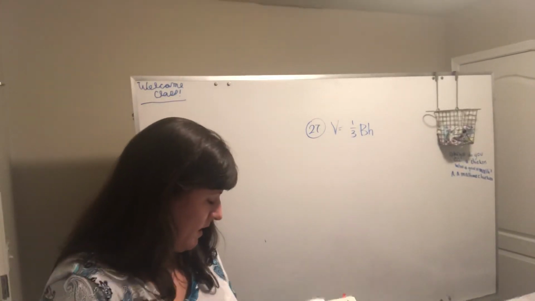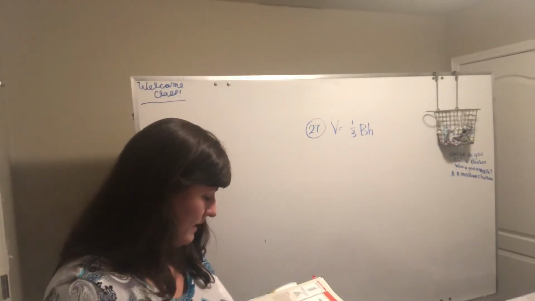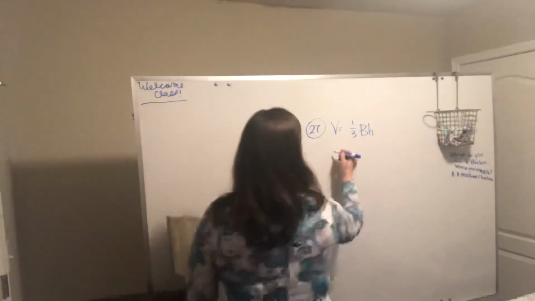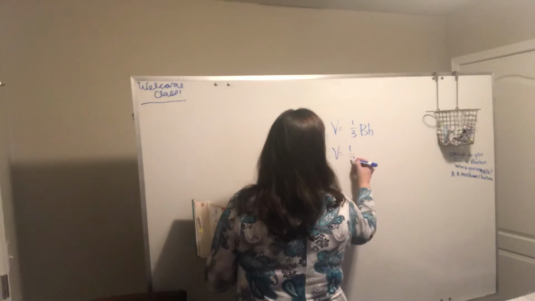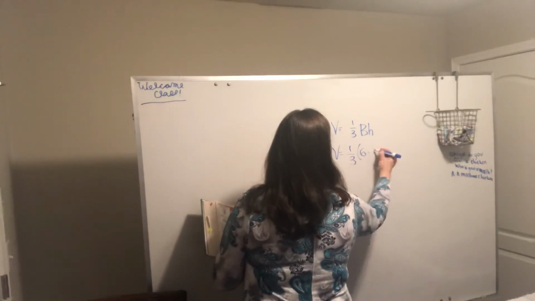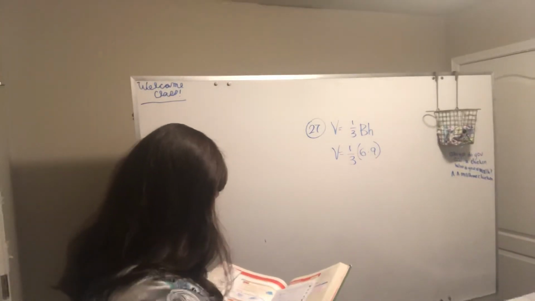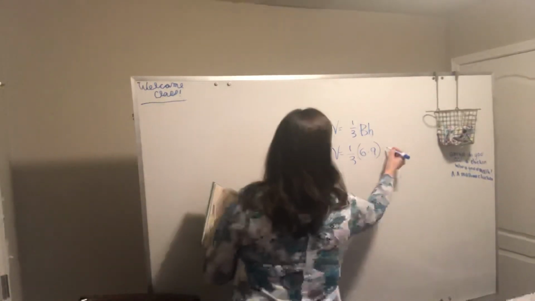On this one, it tells you that the base side lengths are 6 centimeters and 9. It's rectangular, so I'm going to go 6 times 9. And then it says the height is 7.